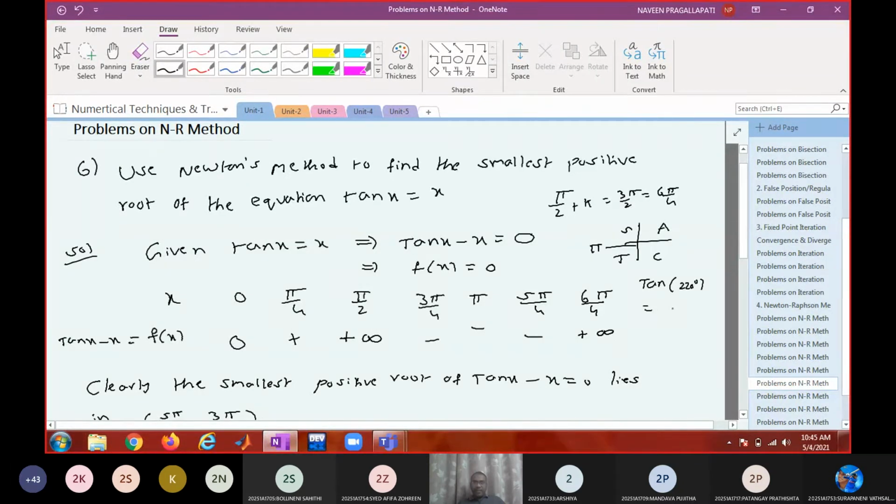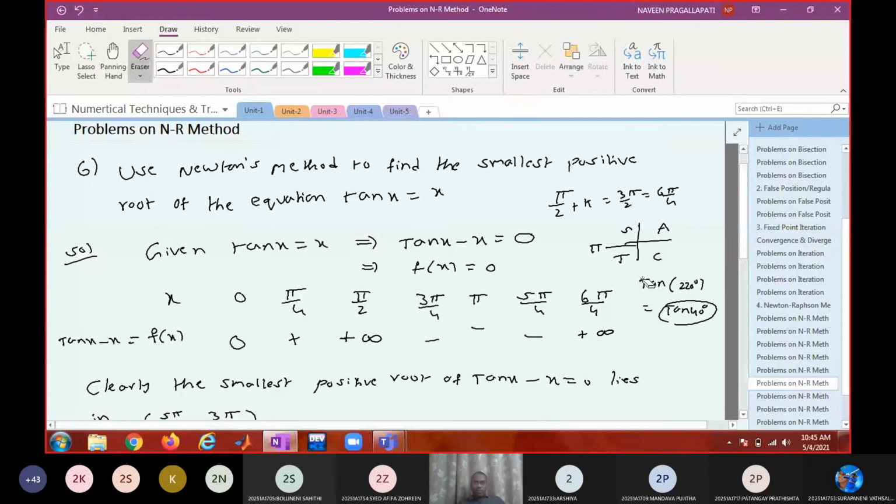Tan of 180 plus 40 degrees, and you know all silver teacups. 220 degrees falls in the third quadrant, and it is nothing but tan 40 degrees only. Is that okay?